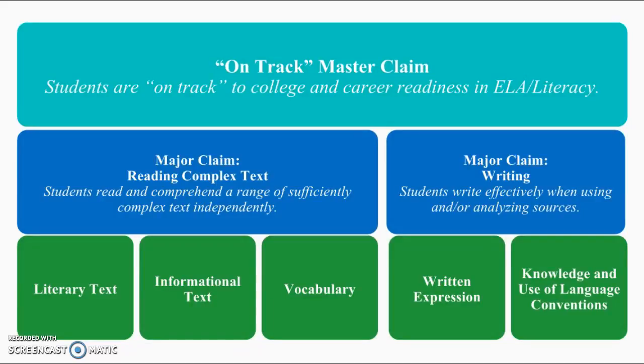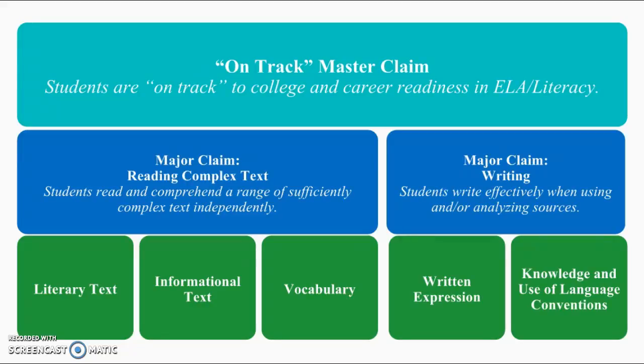You can see on this graphic how the ELA and Literacy PARCC designs items to elicit information about students' current level of achievement in 5 areas: reading literary texts, reading informational texts, vocabulary, written expression, and knowledge and use of language conventions. These are PARCC's 5 subclaims.